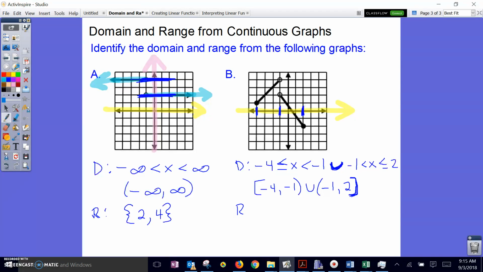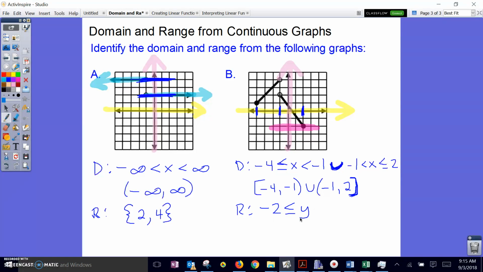All right, now the range. We're looking at this from bottom to top. And the first point we encounter going on the graph from bottom to top is right here at y equals -2, which is a point on the graph.